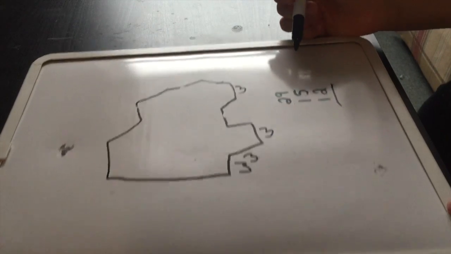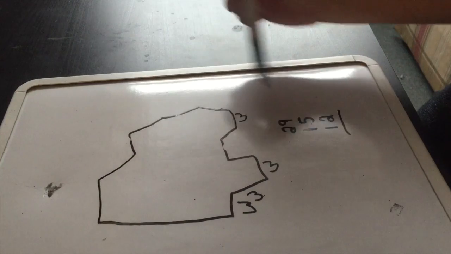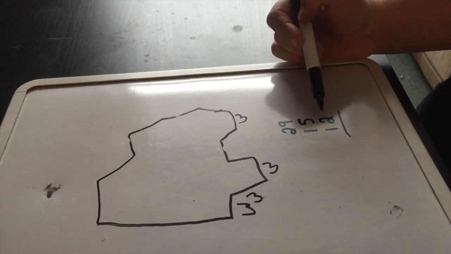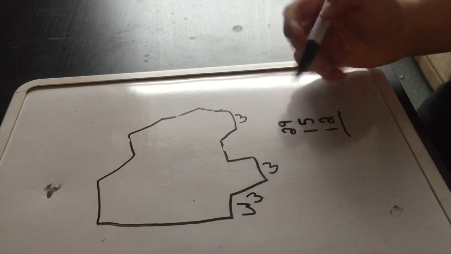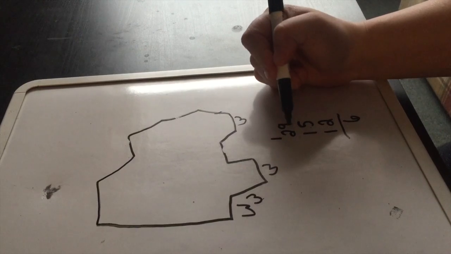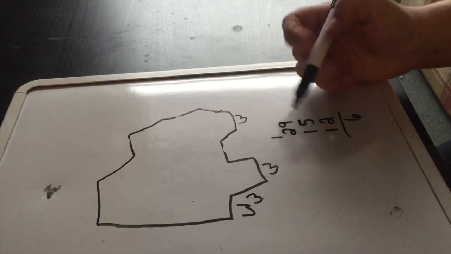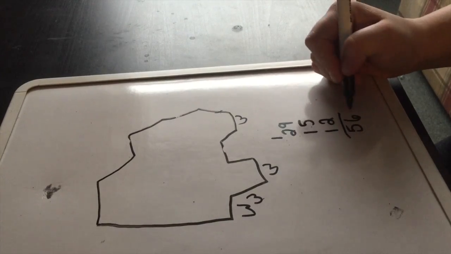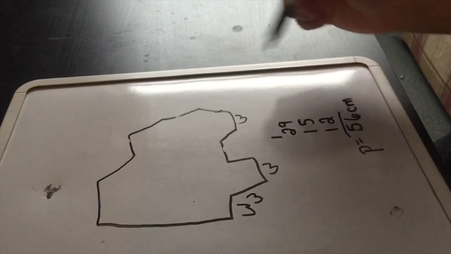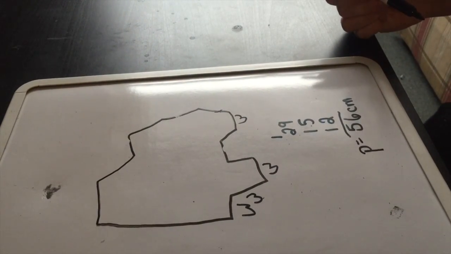These 3 numbers are far easier to add than all of the other numbers that we just saw. 9 and 2 is 11. 11 and 5 is 16. Carry the 1. 2 and 1 is 3. 3 and 2 is 5. That means that the perimeter of this crazy shape is 56 centimeters.